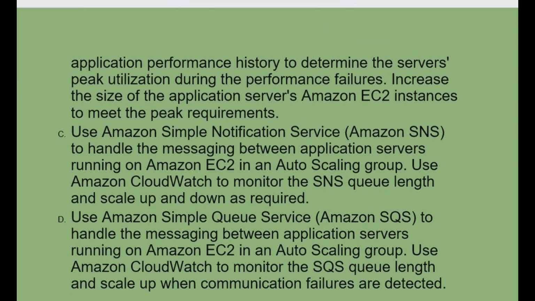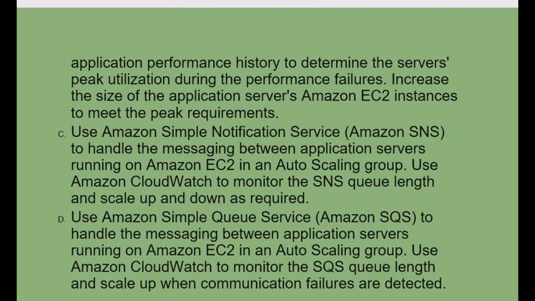Option C. Use Amazon Simple Notification Service, Amazon SNS, to handle the messaging between application servers running on Amazon EC2 in an auto-scaling group. Use Amazon CloudWatch to monitor the SNS queue length and scale up and down as required.